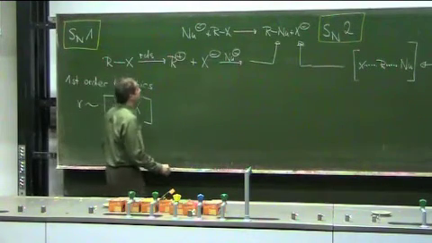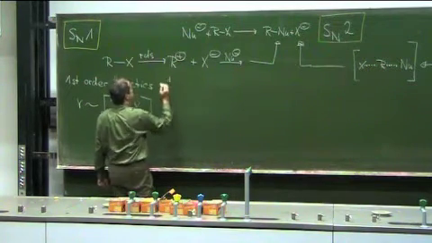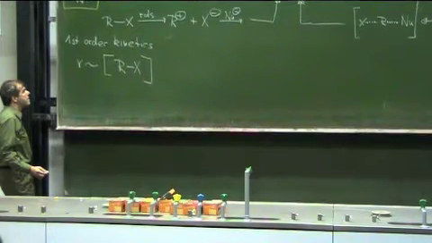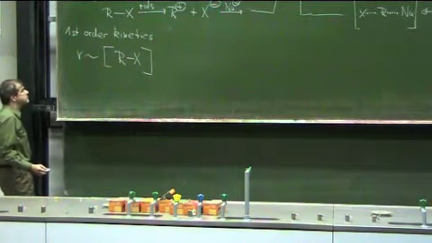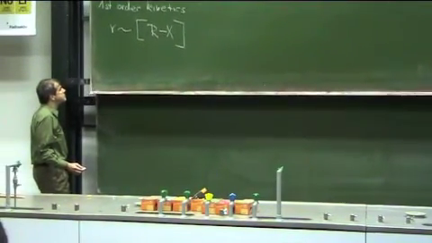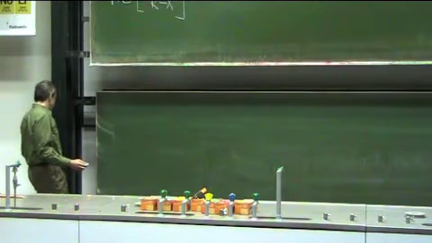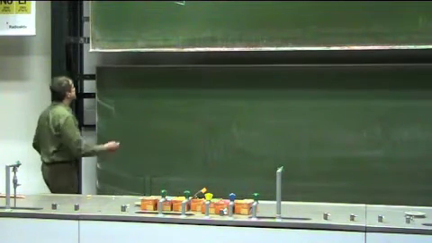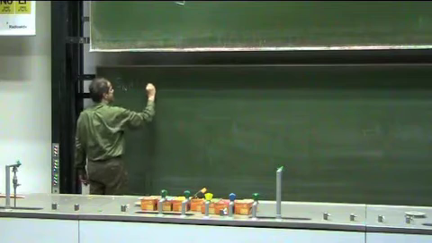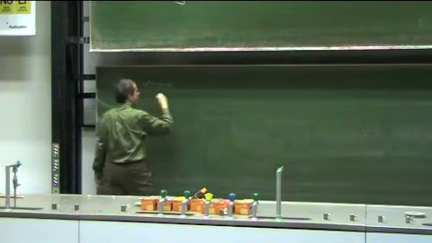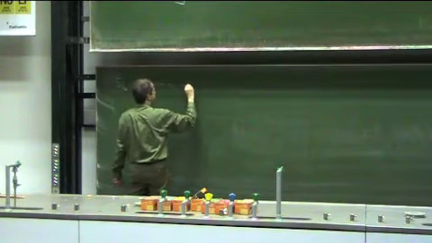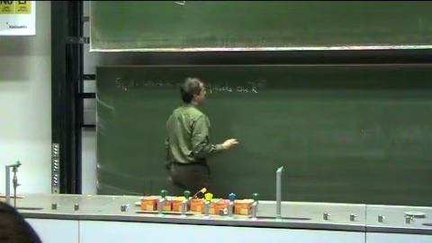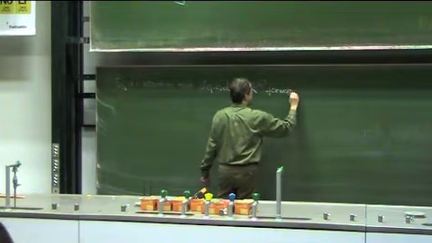So if we start here on the SN1 reaction, the reaction rate depends on the carbocation formation. This is the rate determining step.